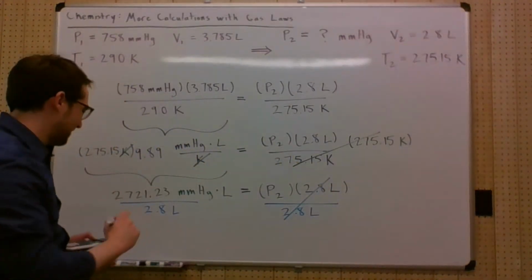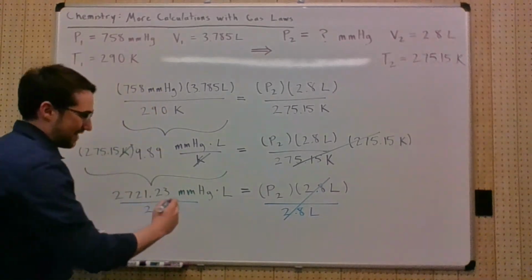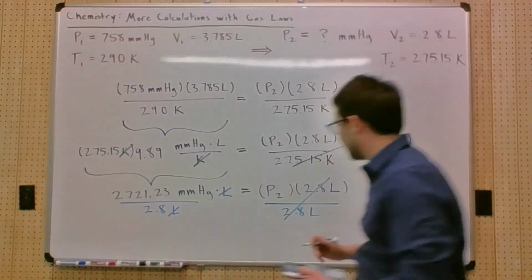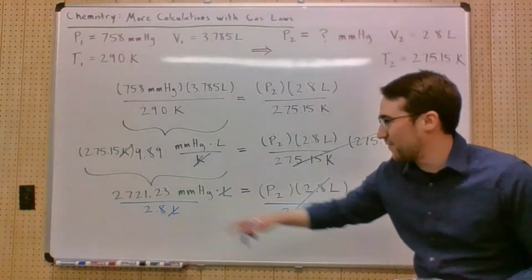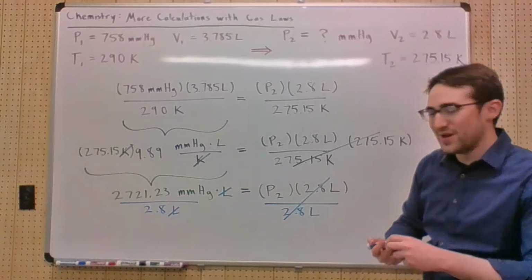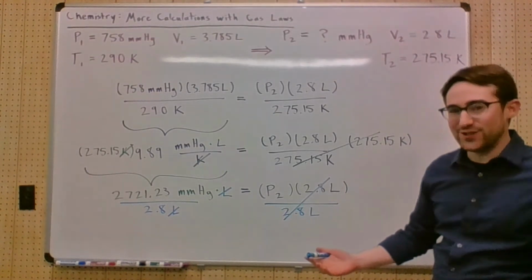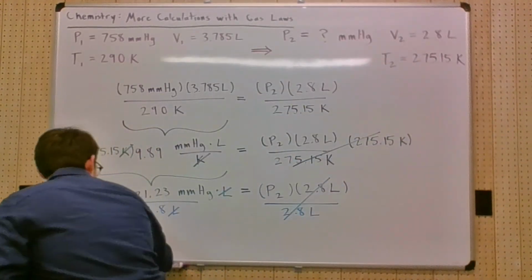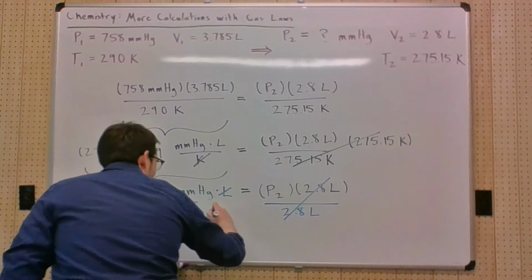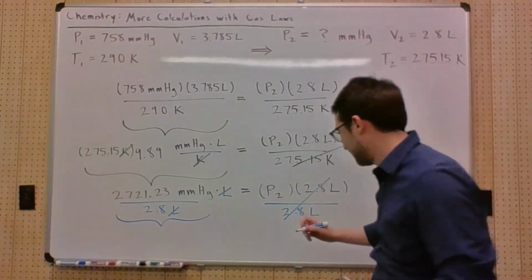2.8 cancels out, and my liters unit cancels out. Okay. So all I have to do now is divide my 2,721.23 divided by 2.8 and see what my P2 comes out to be.